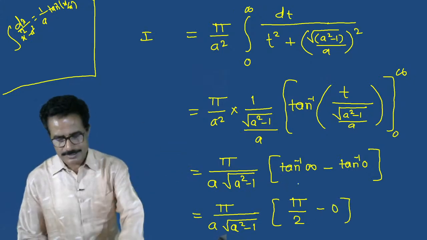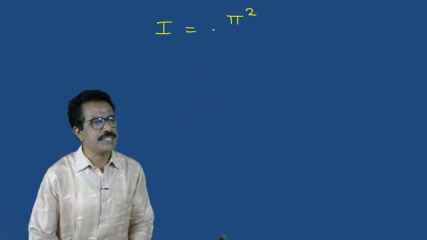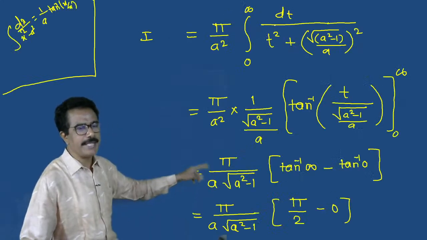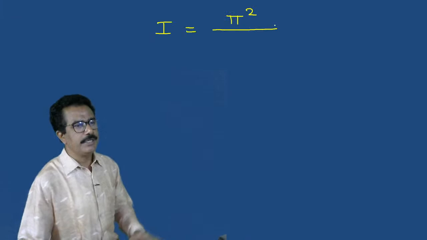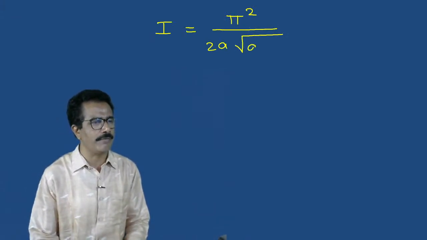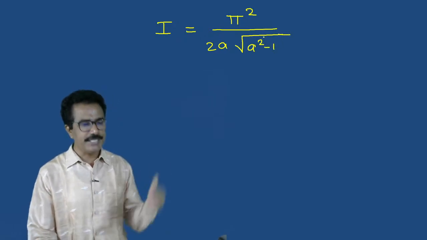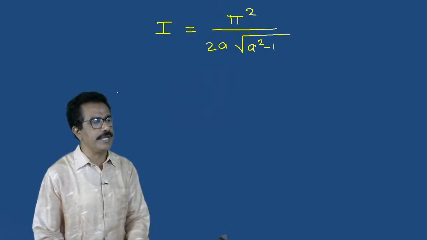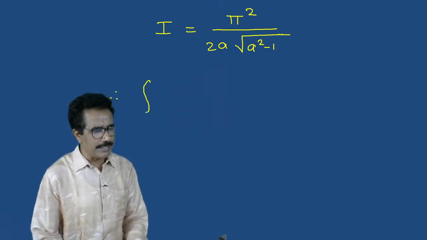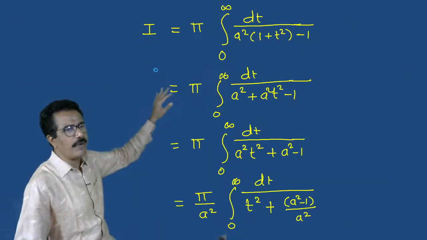So the final answer will be I is equal to pi square. See this, pi into pi means pi square, divided by 2a into root of a square minus 1. And this is the required result. Therefore, what is the actual I?